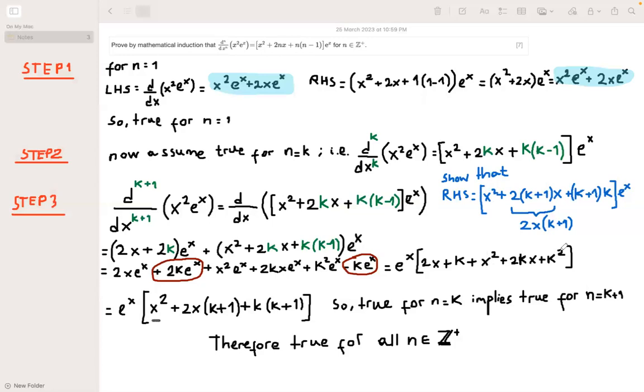Then I factorize 2kx with 2x, which is here. And then k with k squared, as you see, it's here. Now the left-hand side is equal to the right-hand side if I factorize in this way. There is no difference between them. So it is true for n equal to k, which implies that this is also true for n equal to k plus 1. So it is true for all n, element of positive integers.